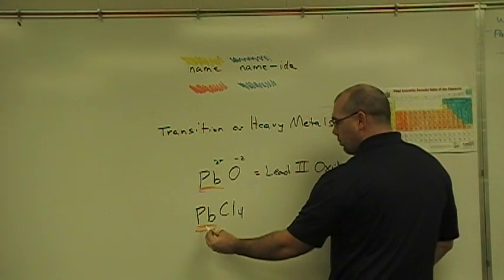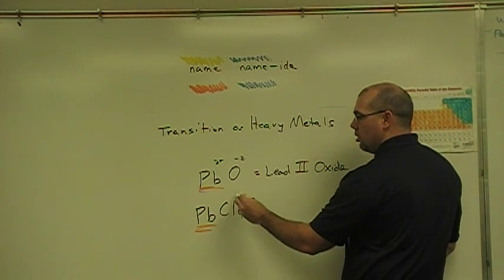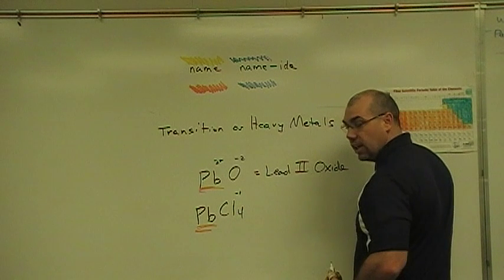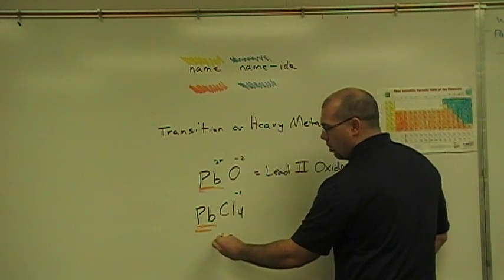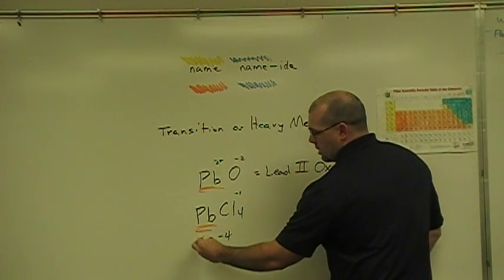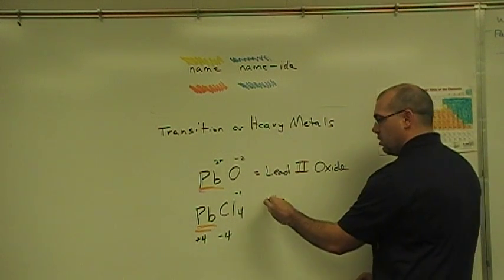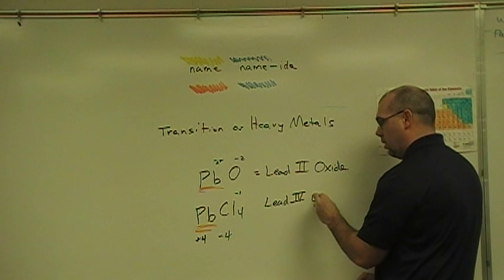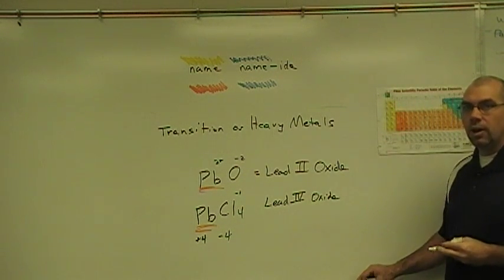Okay? We're using lead again. Now I look at chloride. Chloride has a charge of -1. There are 4 chlorides to cancel out this lead. So I look at -1 times 4, which means my overall negative charge is 4. It must be canceled out by +4. There's 1 lead to have all that charge, so that is lead 4 chloride. Okay?